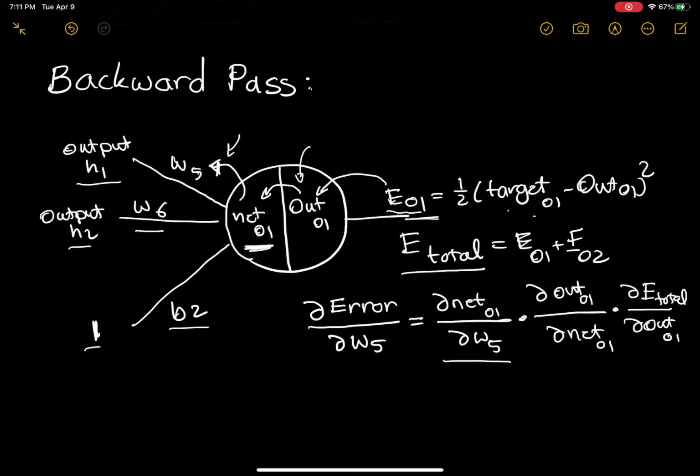Now I'm trying to find out the amount of differences that I need to make on W5 for the gradient descent, right? Remember the gradient descent formula was like this: W5 in stage K equals W5 in stage K minus 1 plus eta, or alpha, whatever you call it, the learning rate, and the derivative.